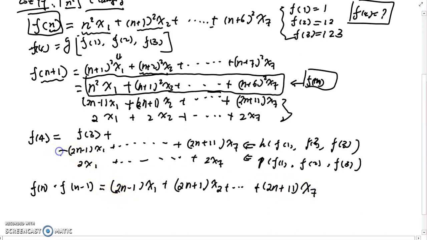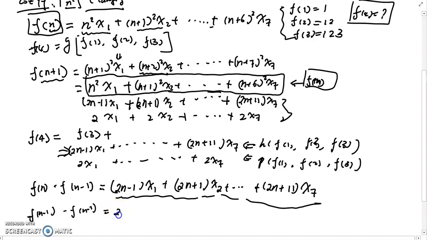Now did you see here? The second row, you can see it. Now let's see how we can cancel this. Let's do f n minus 1 minus f n minus 2, which equals 2n minus 3 times x1, plus 2n minus 1 times x2, and so on, plus 2n plus 9 times x7.